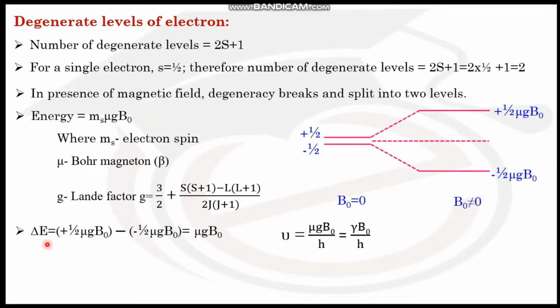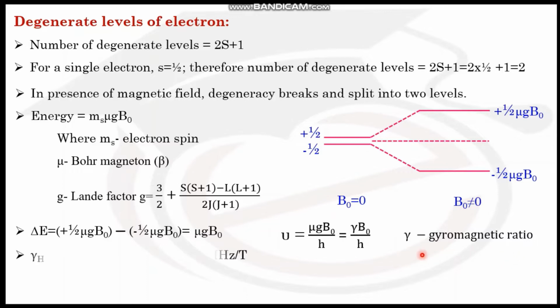This mu g is a constant for a particular electron or species, which we can write as gamma, and that gamma is known as the gyromagnetic ratio. For a particular atom, it is a constant.